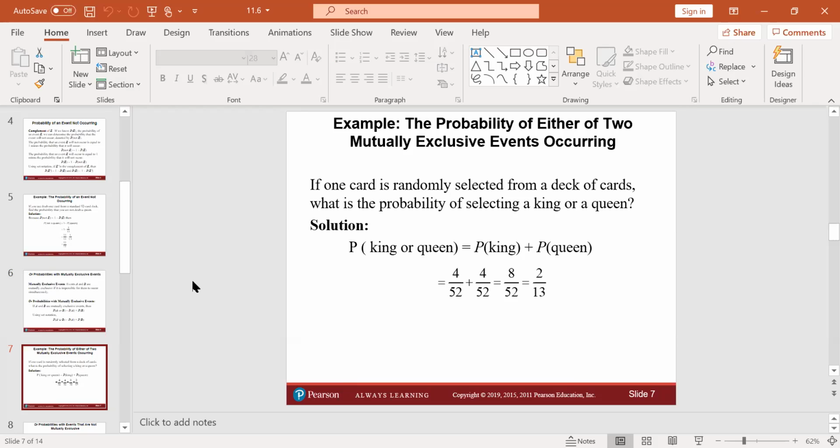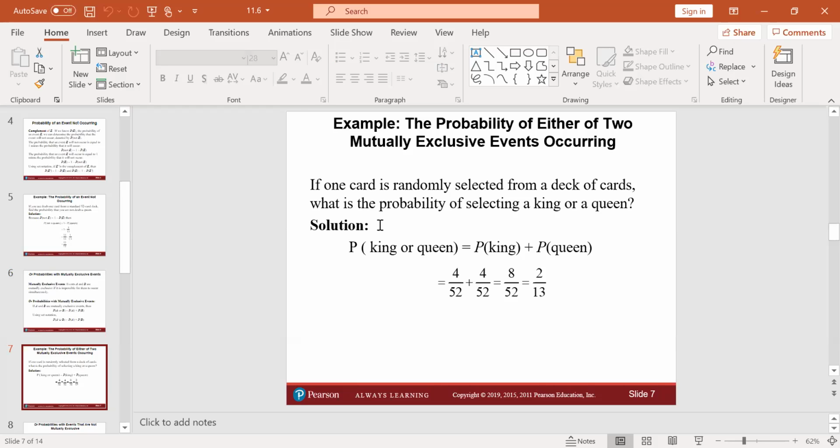But if you're just selecting one card, it's impossible to select a card which is both a queen and a king. It's not impossible to select a card which is both an ace and a diamond. So you can cross face value with suits, but you can't have one card with two different face values. It doesn't work like that in a standard deck of cards.